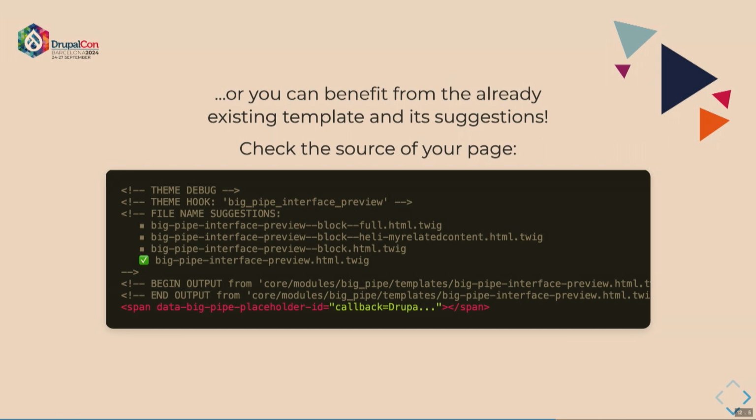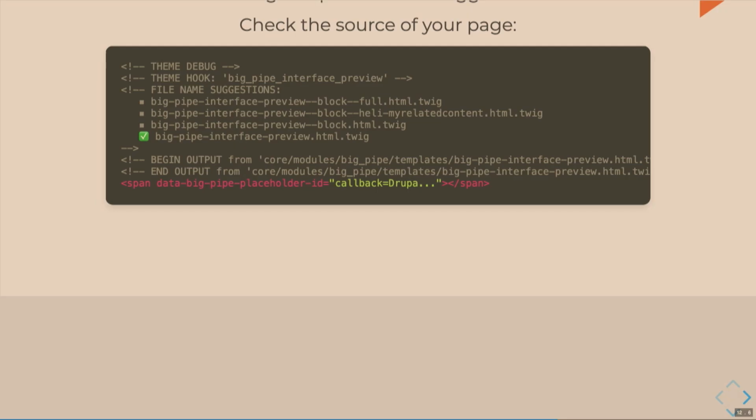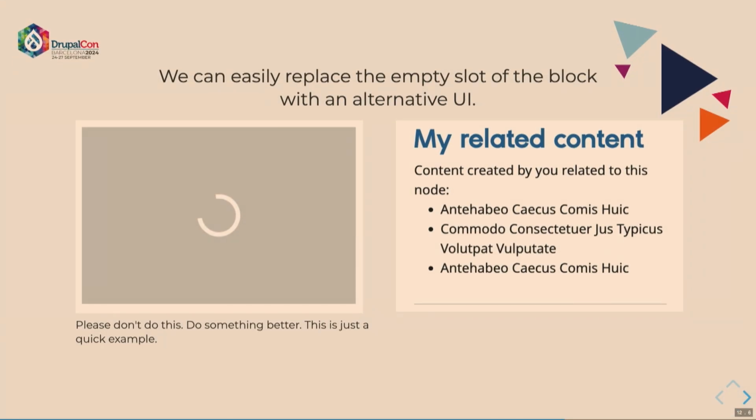So you need to check the source of the page, because if you go to the inspector, you won't see it because it will be replaced by the BigPipe. But if you go to the source of your pages, you will see that for each one of your placeholders, there is an interface preview you can use. So you can build alternative UIs. For example, in this block, you can build, I don't know, a gray area with a spinner.